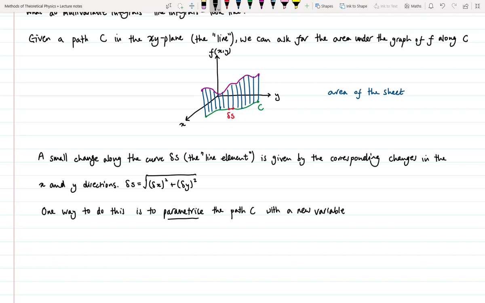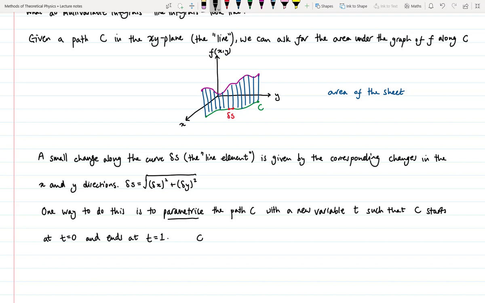Let's call it t, such that the path C starts at t equals 0 and ends at t equals 1.